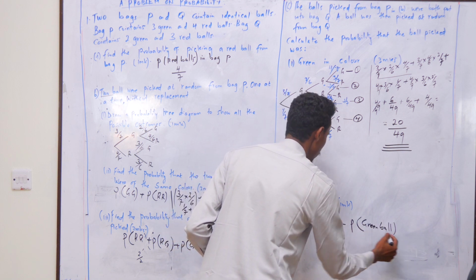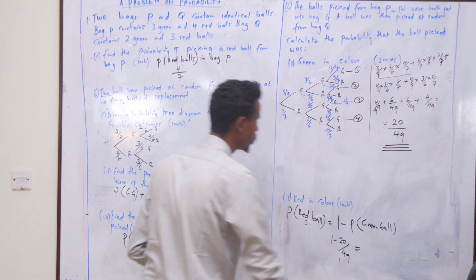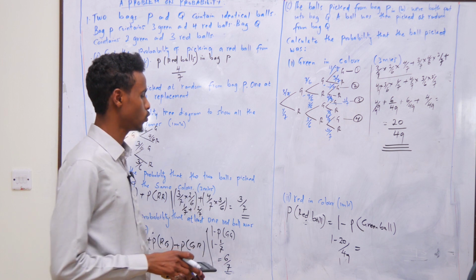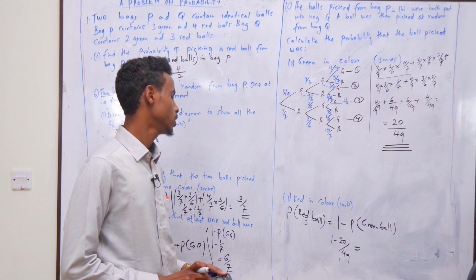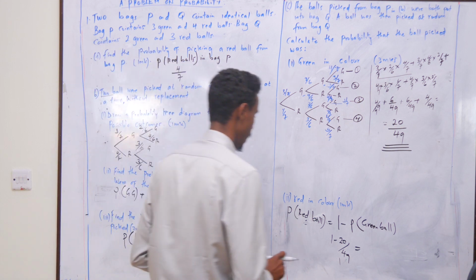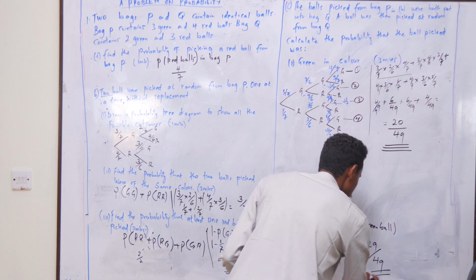Very simple like that. Now it will be 1 minus 20 out of 49, which will be 49 minus 20. This one reflects 49 over 49, meaning it will be 29 over 49.